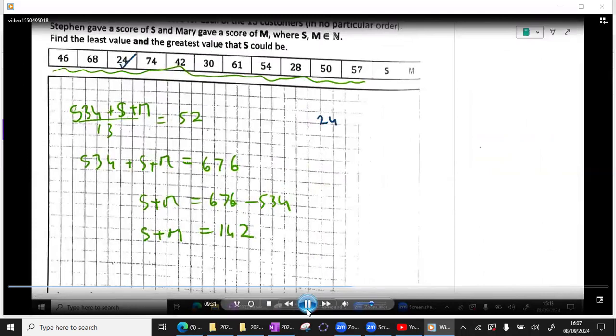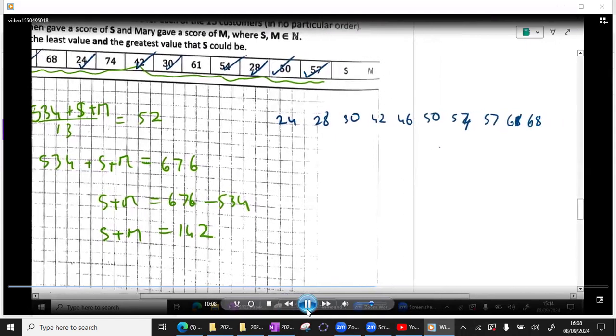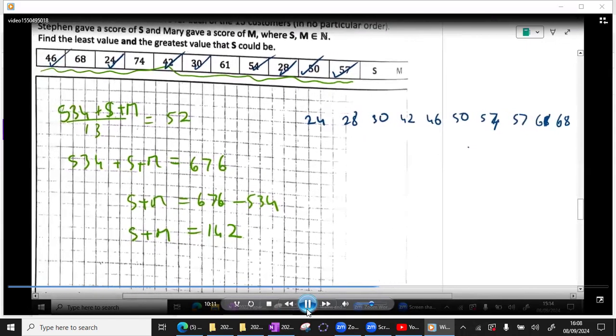Then the next one I think is 28. 30 looks like it will be next. 42. 46. 50. 54, sorry, is next. Then 57, my mistake. Then we have 61, then we have 68, and then we have 74.